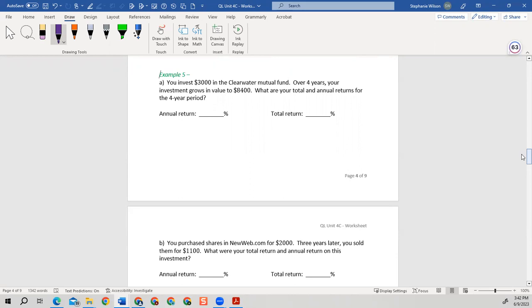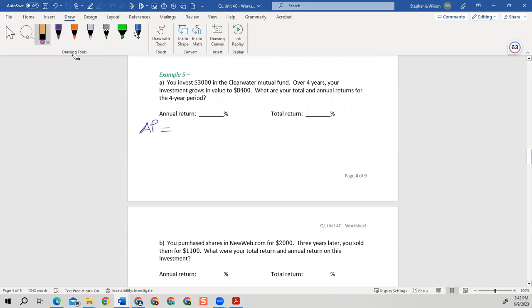All right, so let's solve for it. On the annual return, AR, we're going to take our 8,400, divide it by that 3,000, and we're going to raise it to, oops, let me fix this right quick.